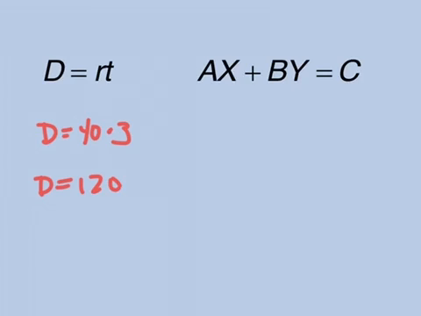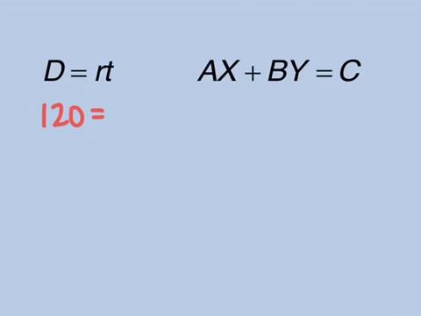But what if you know that the distance is 120 miles and you know the rate is 40? Well, then you could solve that to find t. But you could also rearrange this entire formula so that you have a second formula.